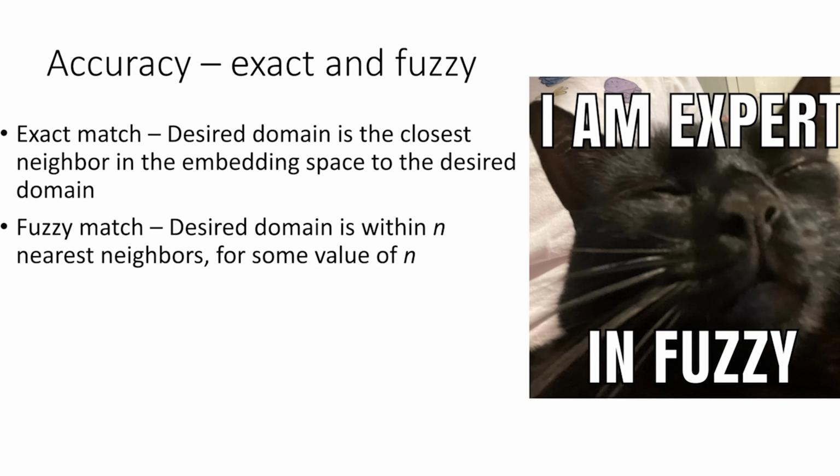Or is it within the set of n neighbors for some given value of n that we care about? Like, let's say we want the 20, 30, 100 closest neighbors for this domain in the data set that we can then do some more expensive processing on.